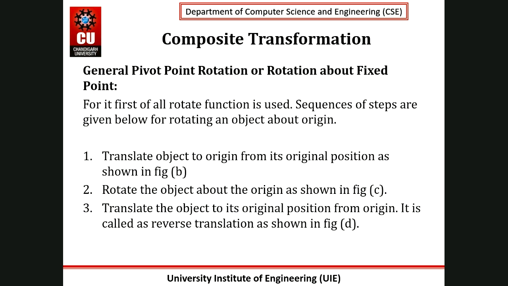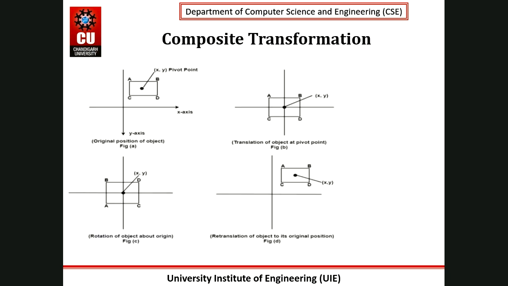Second transformation is rotation of the object about the arbitrary point which has been given to us. Third, retranslating the object to its original position, also called reverse translation. So three steps are there while performing a rotation of an object with respect to the arbitrary point: translation, rotation, and retranslation of the object to its original position. Let me show you with the example now.